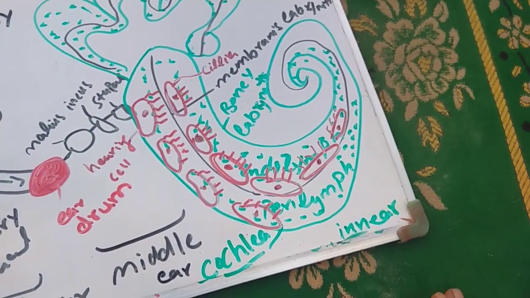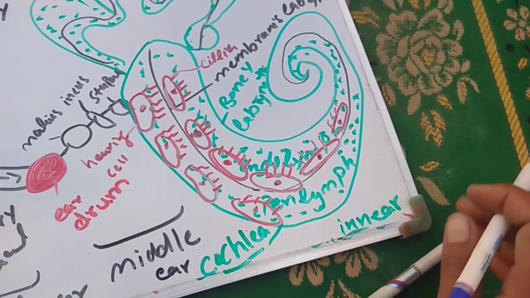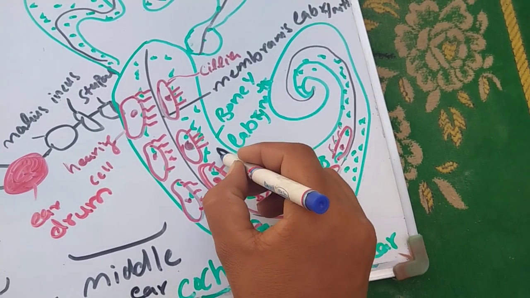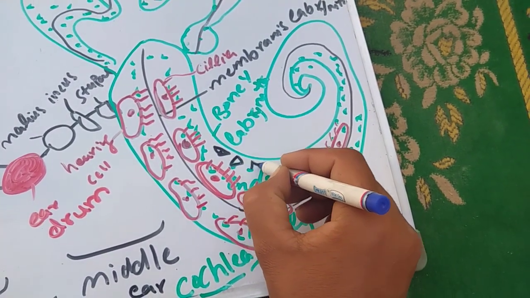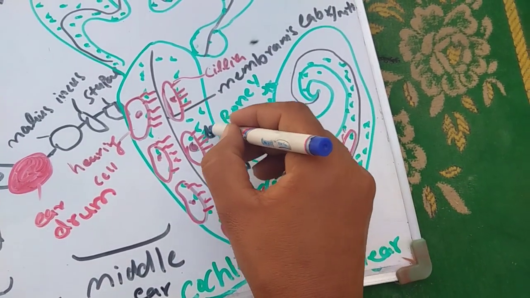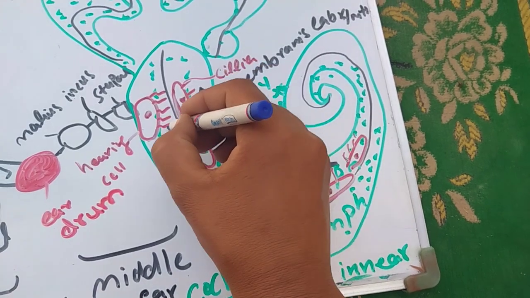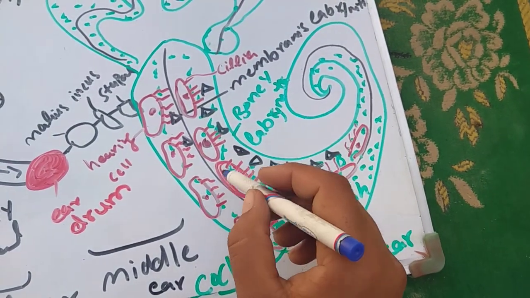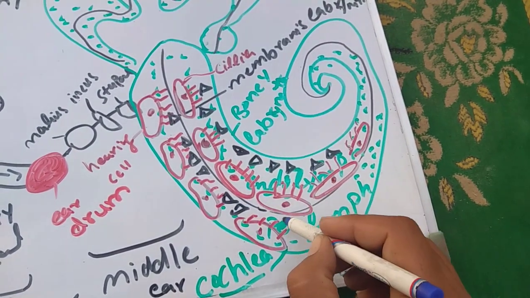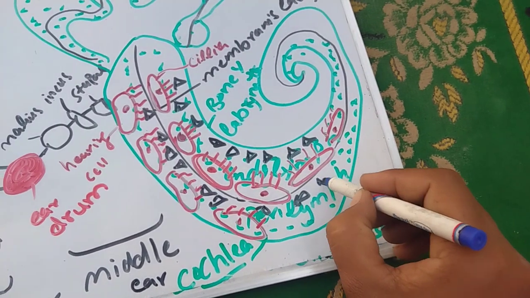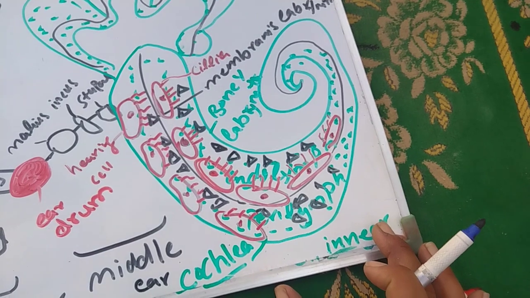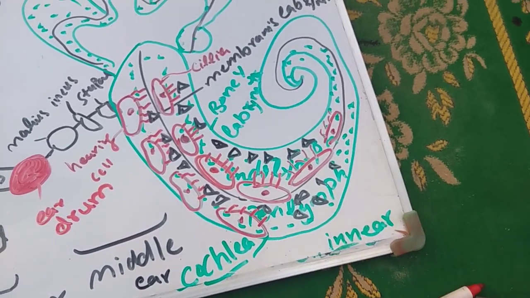Inside the fluid, important particles are also present. We name these calcareous particles. These calcareous particles are little stone-like particles, present inside the endolymph and perilymph fluid.